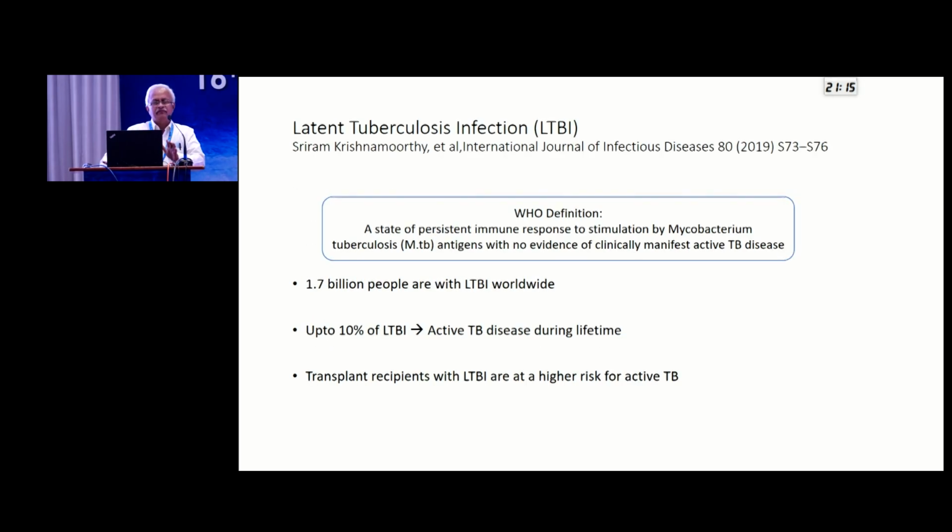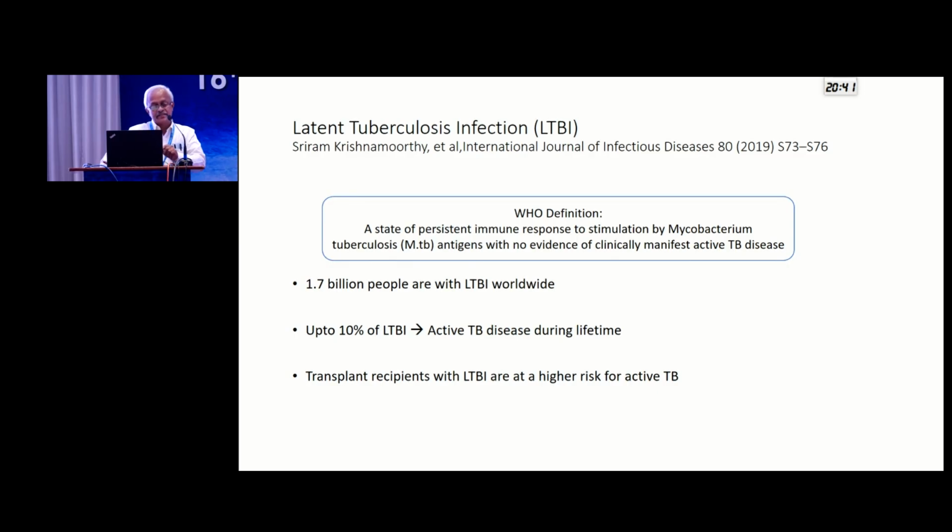So this is about active infection, but the more important is latent tuberculosis infection. What is this LTBI all about? It is a WHO definition. LTBI is a state of persistent immune response to stimulation by Mycobacterium tuberculosis antigens, but with no evidence of clinically manifested active TB disease. You'll be surprised to know the magnitude of LTBI worldwide: 1.7 billion people are with LTBI.